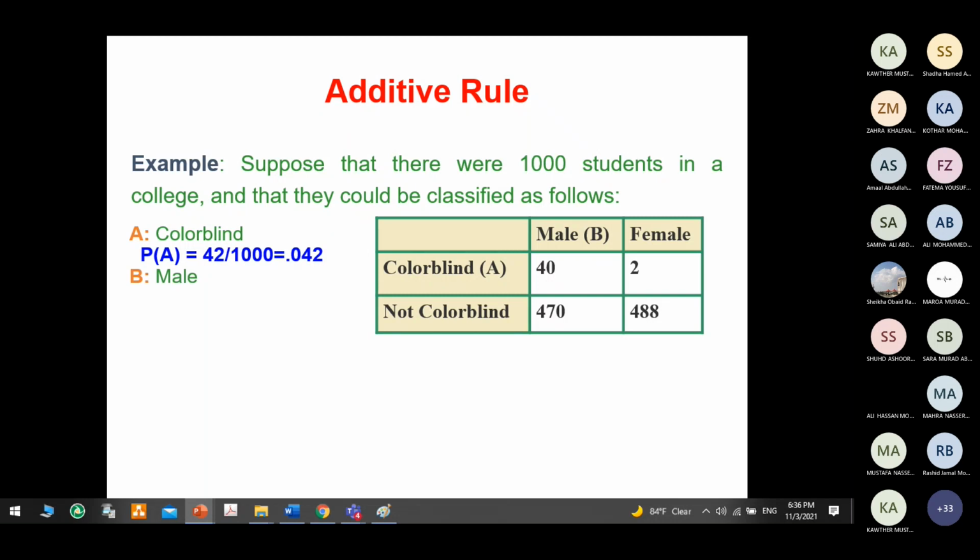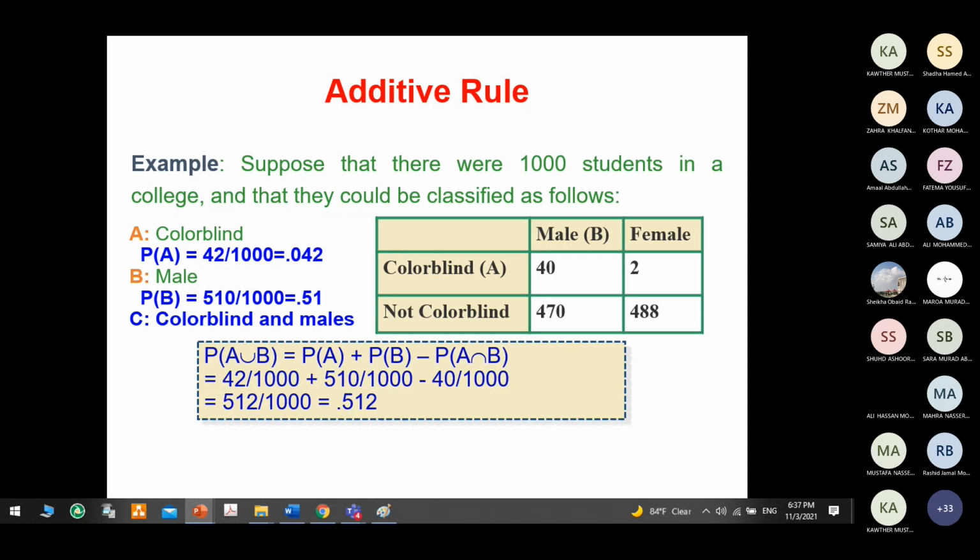Okay. Event B, the males, with respect to females, they are 40 plus 470, meaning 510. 510 divided by 1,000, its probability to occur is 0.51. So I know the probability of male students and the probability of colorblind students.